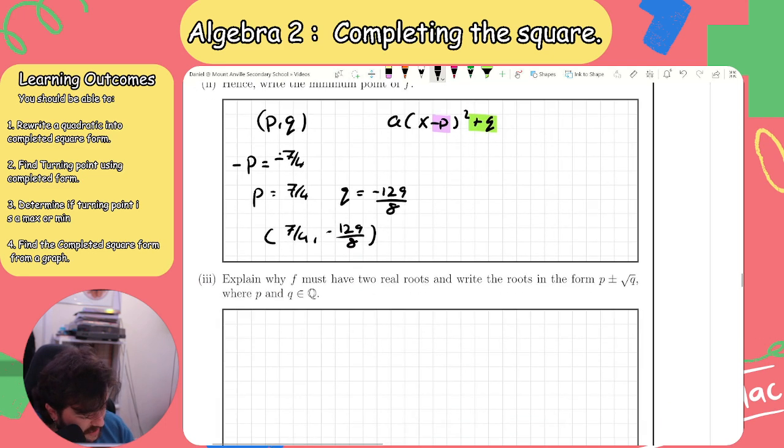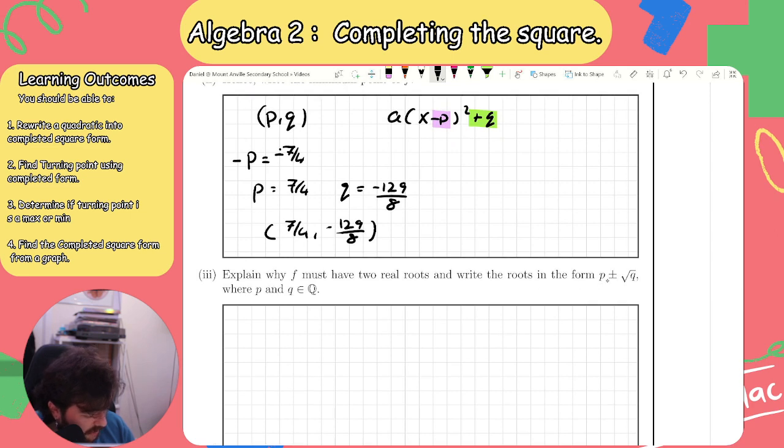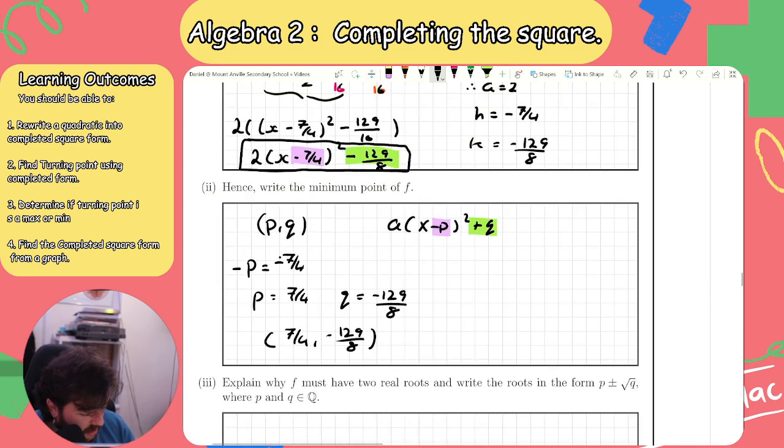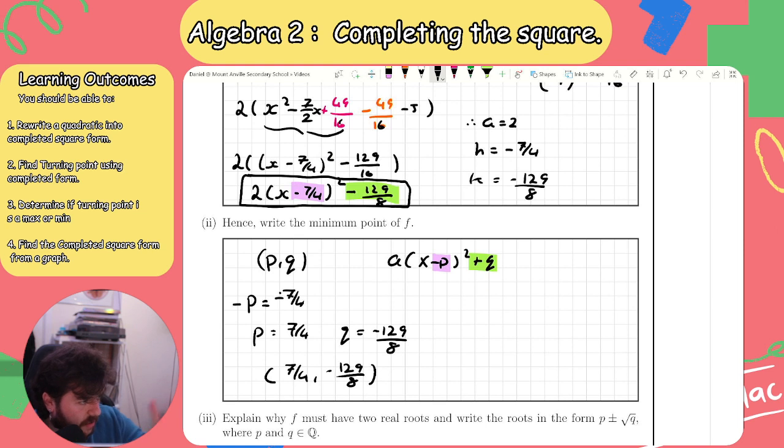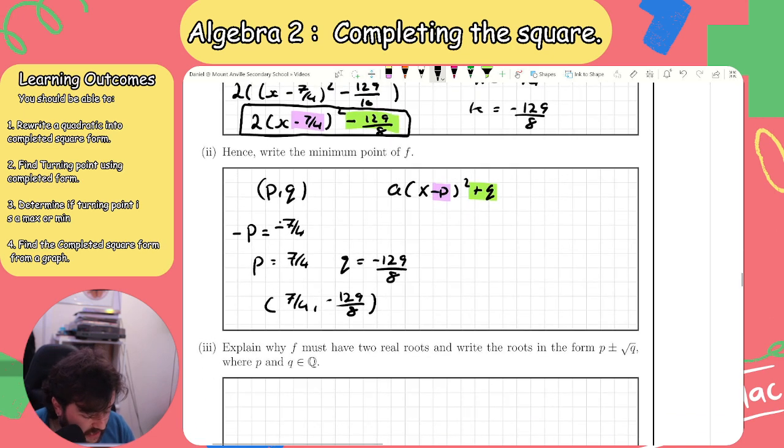But it's also asking us to write the roots in the form p plus or minus square root of q. So they want us to write it as something plus or minus square root of something. So what we can just do is solve my complete the square form that we got in part 1, and we'll see where it takes us.